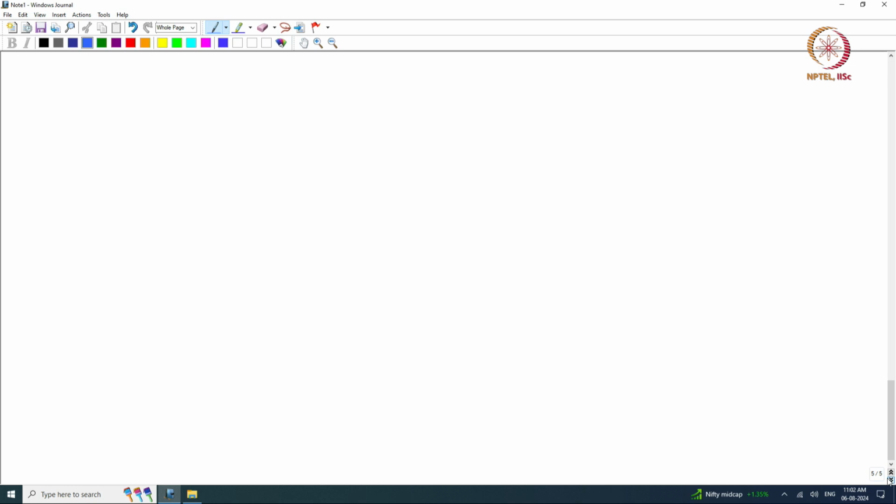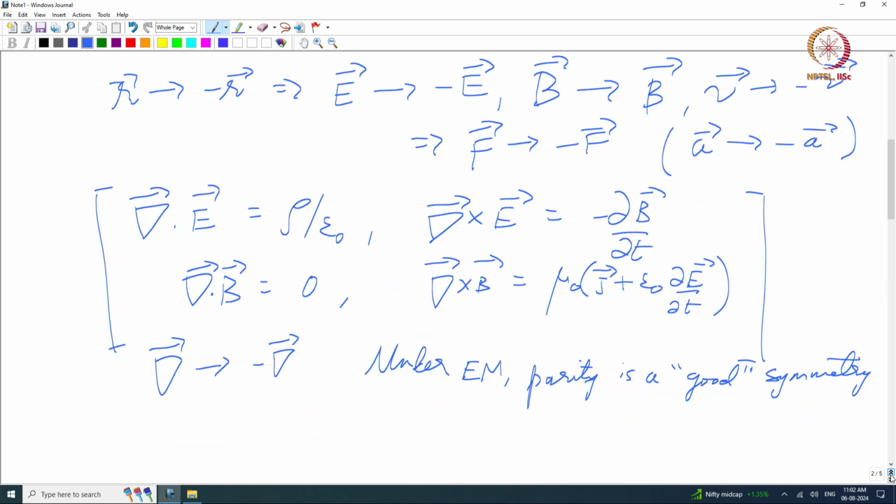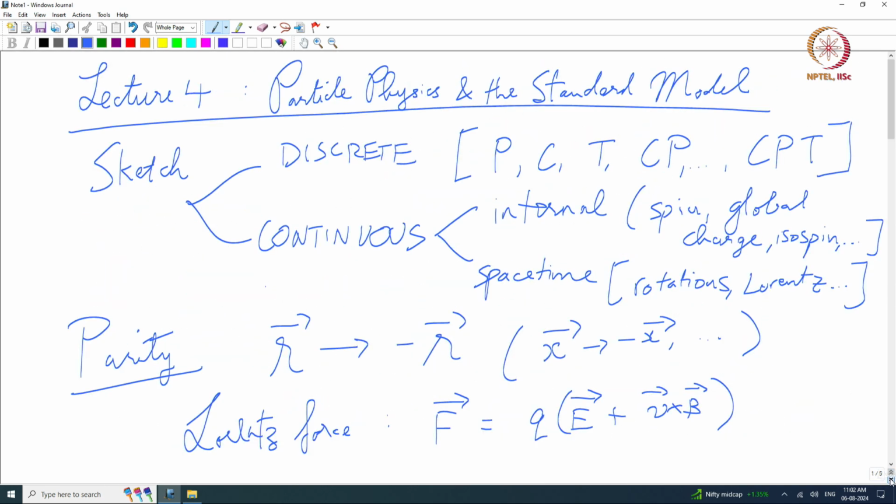Now, okay, so here is a quick sanity check. When we wrote down the Lorentz force, where did we write it?